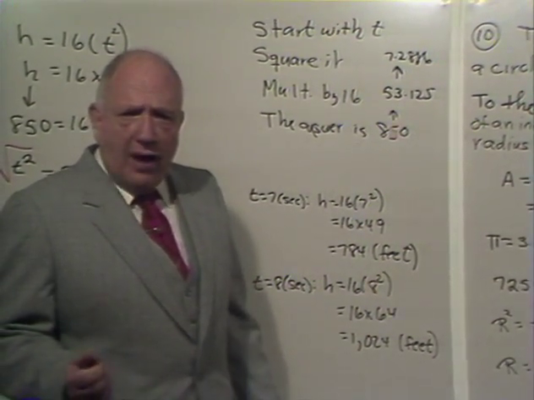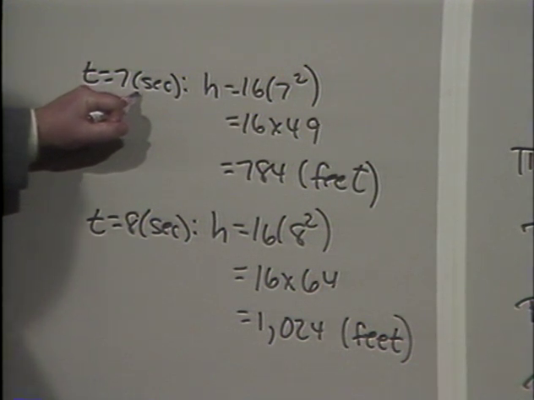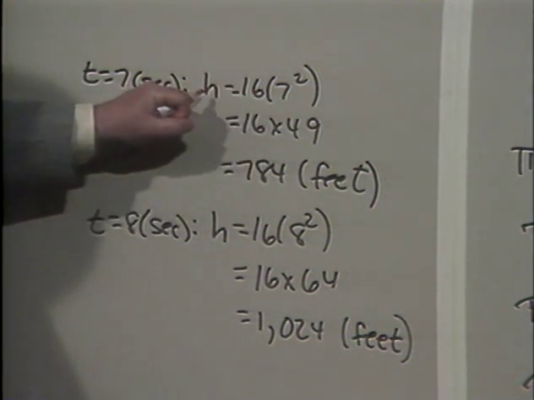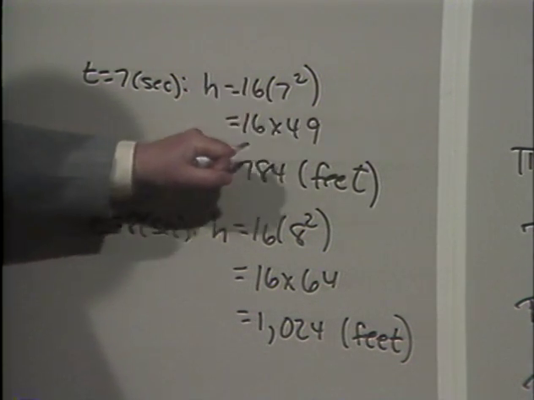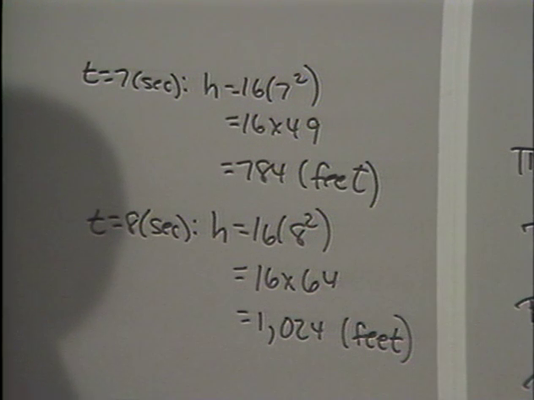So for plausibility, take 7 seconds, which should be too small to be the right answer, and replace t by 7. That gives you 16 times 7 squared, which is 16 times 49, or 784 feet. And sure enough, the object hasn't fallen the 850 feet yet.